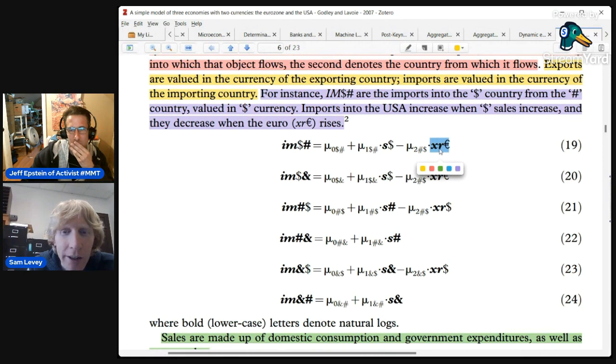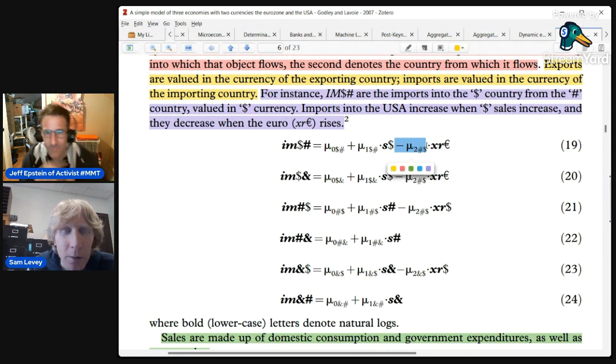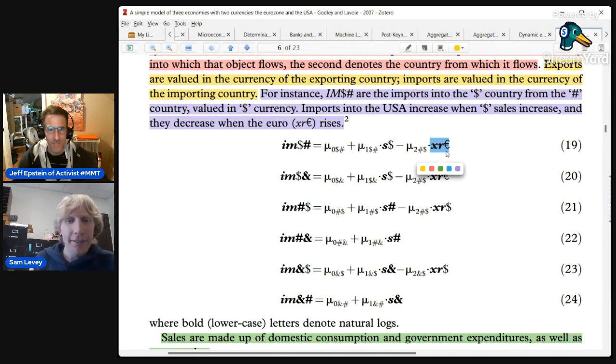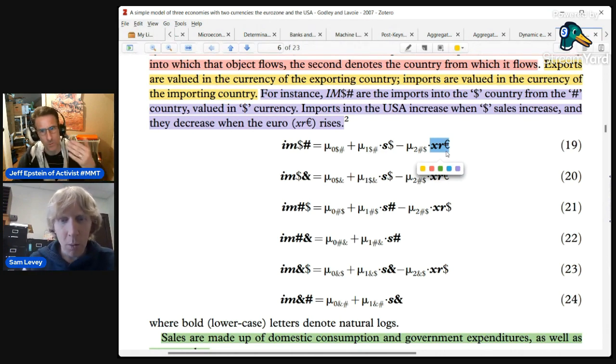If XR is a lower number, then because this is negative, that's going to become bigger. And so this is the exchange rate, but from the other perspective. And I don't know why they did that. This is saying 19 is importing to the United States, and it's the euro exchange rate. 21 is importing into a euro country with the dollar exchange rate.